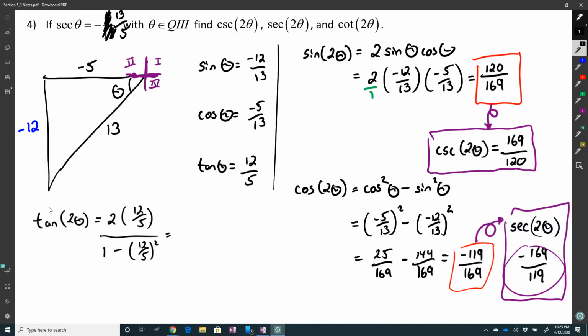So here this is 24/5 over 1 minus 144 over 25. And then that's 25 minus 144. I did that already. That's negative 119.